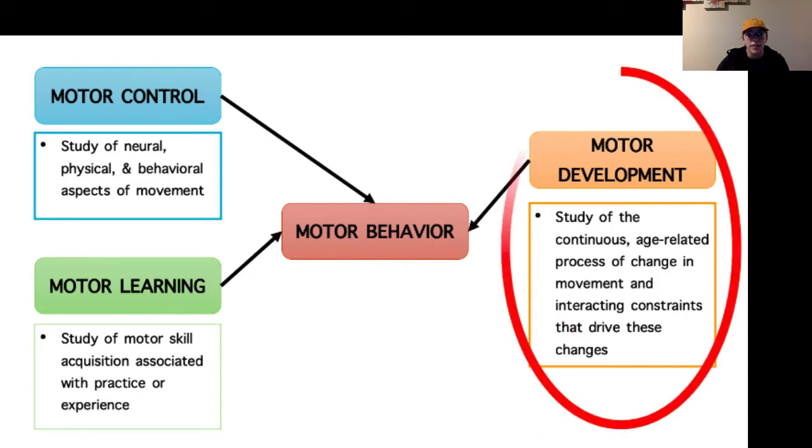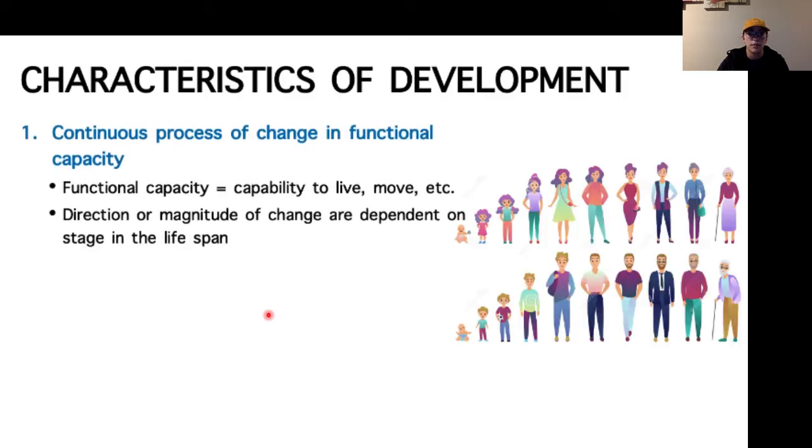So if we move into this motor development concept more, there are certain characteristics that make up development. In that small definition we just saw, it is a continuous process of change in functional capacity. Functional capacity meaning someone's ability to live, move, etc. Okay, so this change can increase or decrease, right?